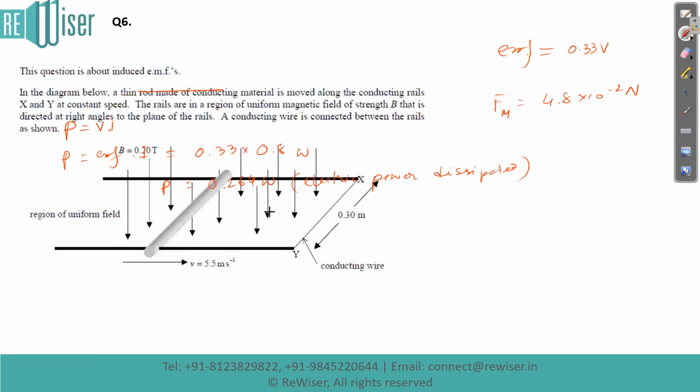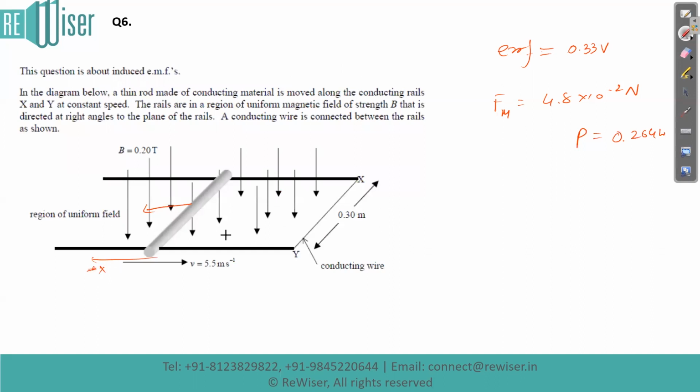This Fm we have found out. P dissipated is 0.264 watt. The Fm we have found out is directed towards the minus X direction, right? Which is opposing the motion. So this is the force.